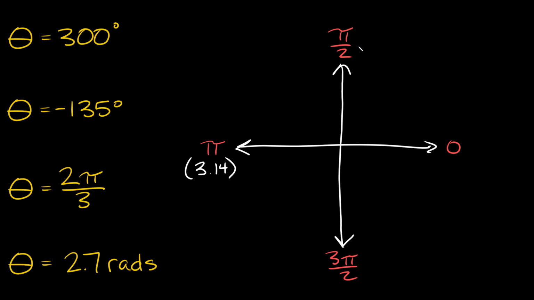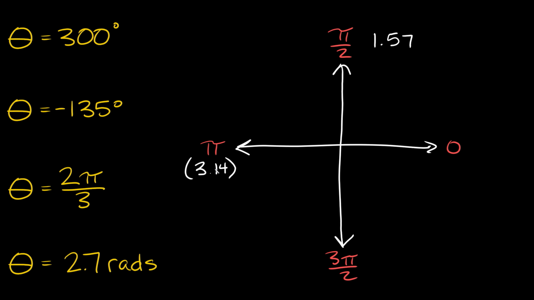Pi over 2, or half of pi, or half of 3.14, is approximately 1.57. So this is 0 radians, this is approximately 1.57 radians, and this is approximately 3.14 radians. So 2.7 is somewhere between 1.57 and 3.14.